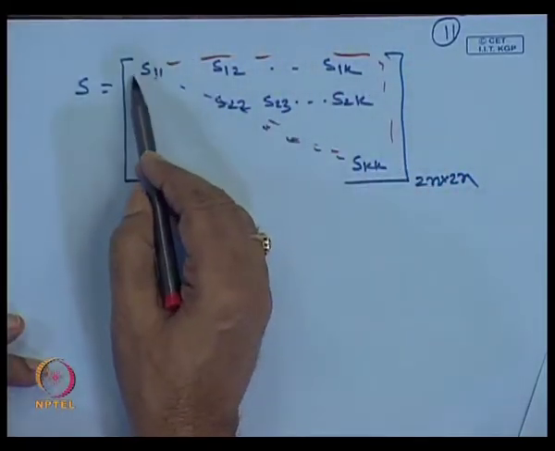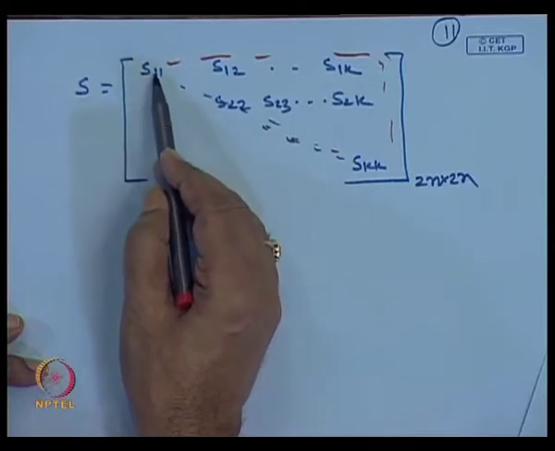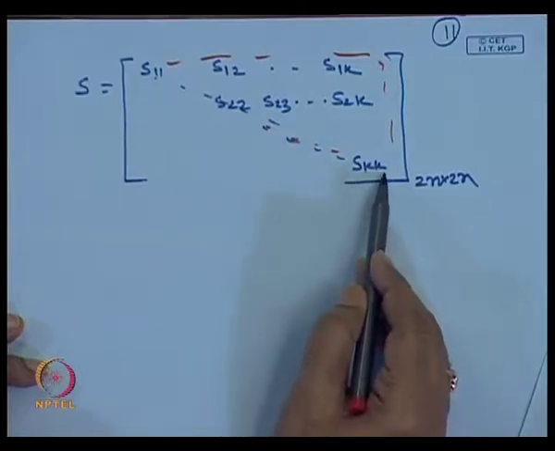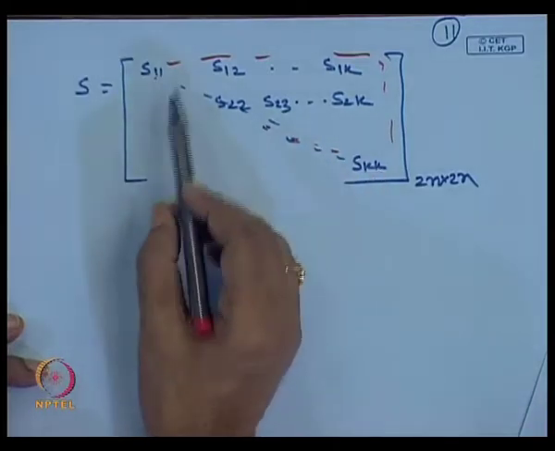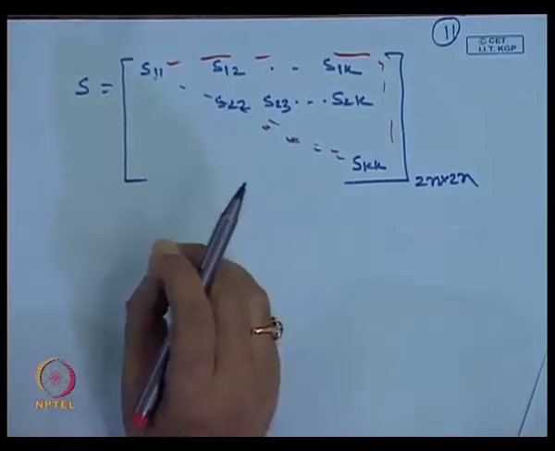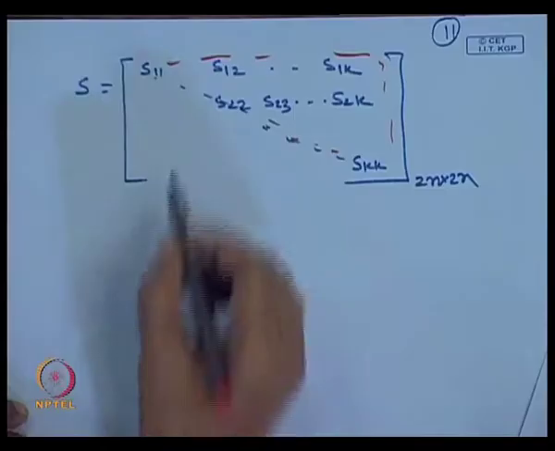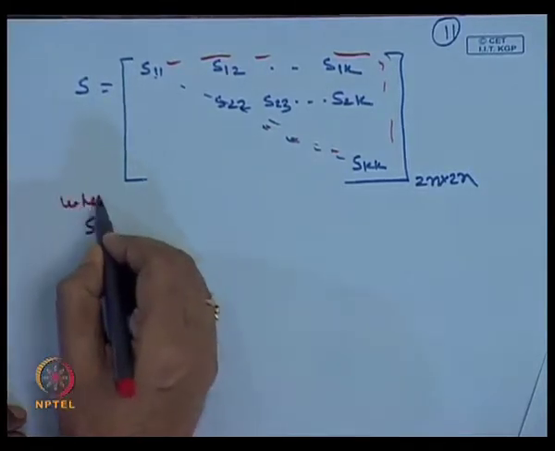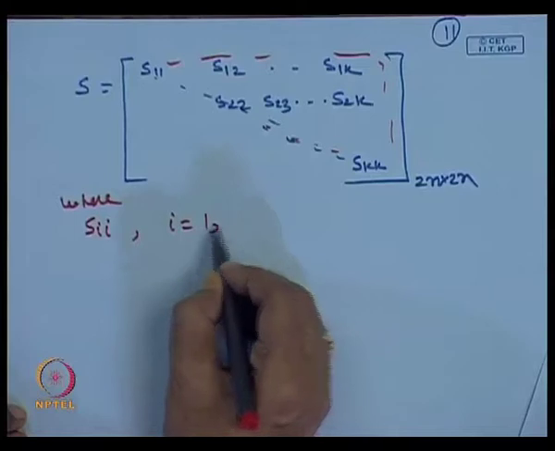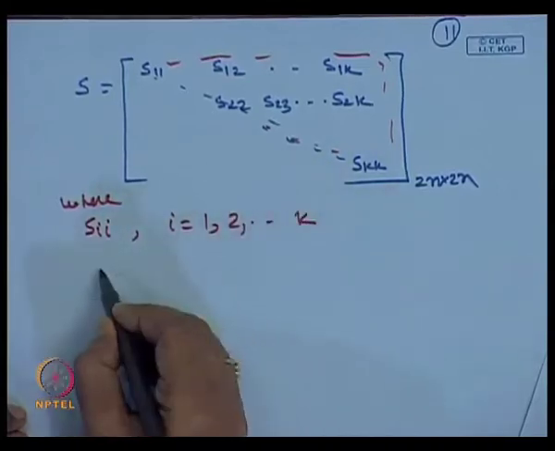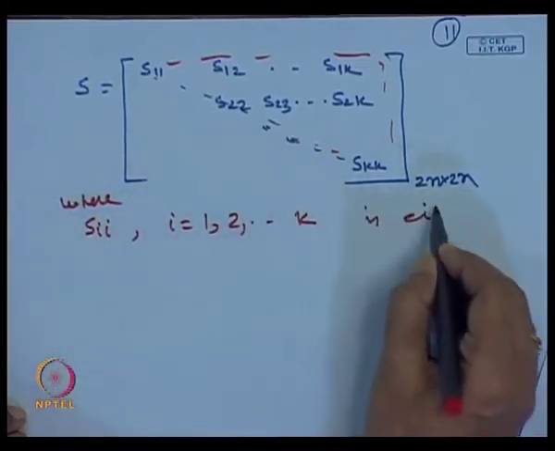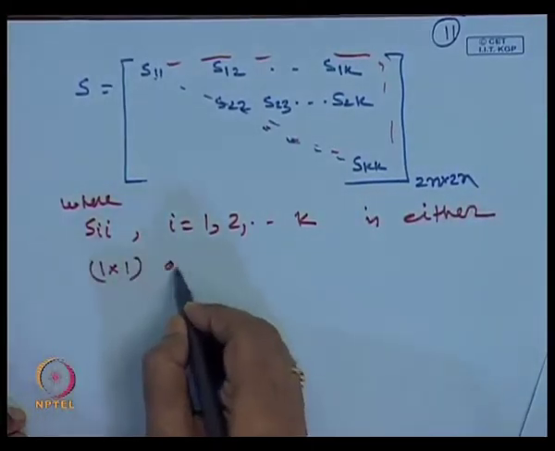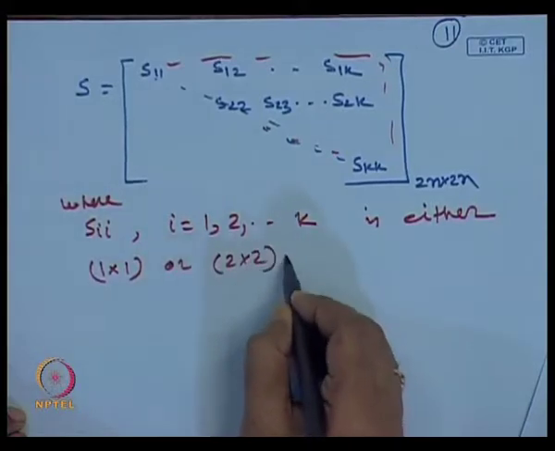Looking at this expression, each block S 11, S 22, S 33, up to S kk, will be either a 1 by 1 block or a 2 by 2 block. That is, S ii, where i is equal to 1, 2, up to k, is either 1 cross 1, meaning a scalar, or a 2 cross 2 matrix.